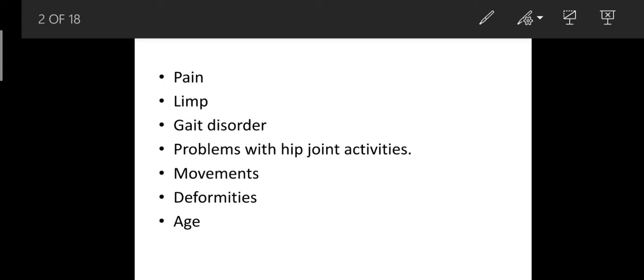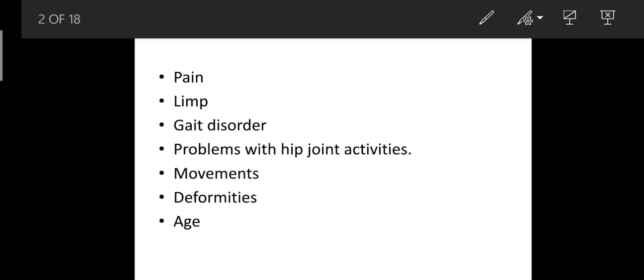If the pain is due to the hip proper, it is experienced in the groin or the front of the thigh, or rarely in the knee. But caution is required to interpret referred pain from the spine or the pelvis felt in this region. Limp is the second commonest complaint related to the hip joint.